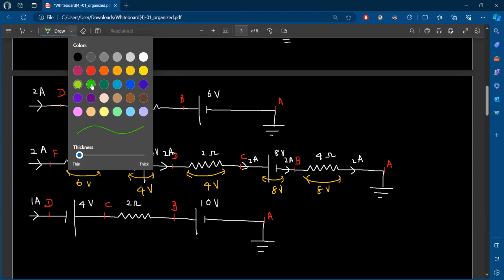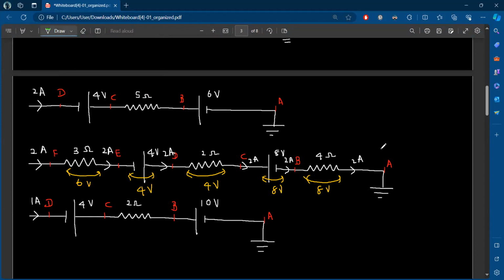Now we have to calculate the voltage at each point. What is the voltage at VA? 0 volt. And this point? 8 volts. VB is 8 volts. And is this one the younger one or the older one? Younger one.